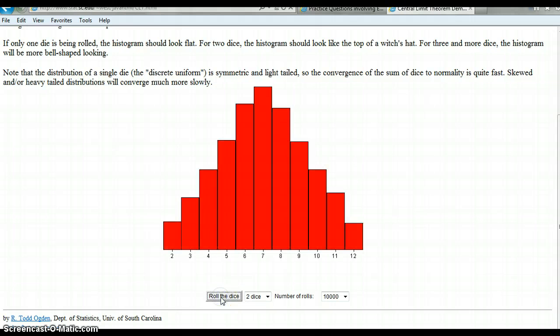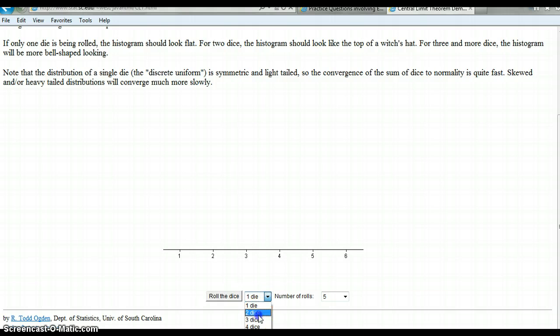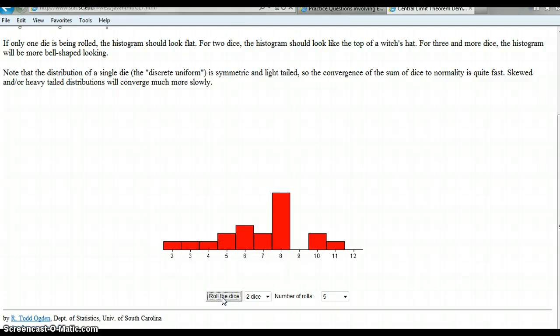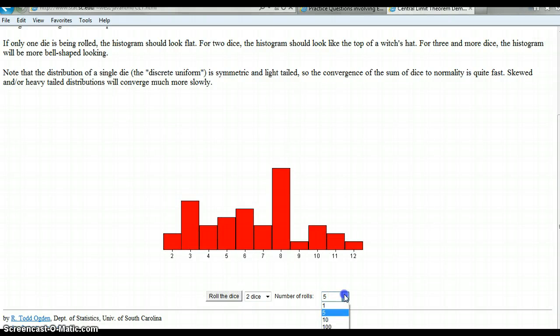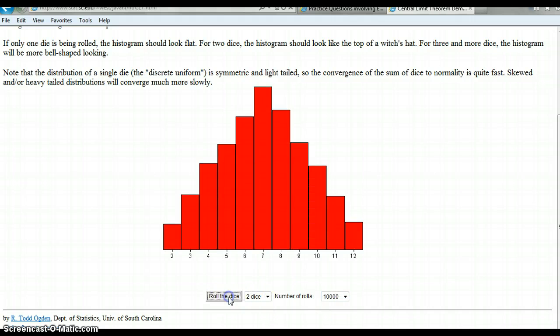I get a triangular distribution. Okay, so we are going to be doing triangular distributions. If I have 2 dice, that doesn't look like a triangular distribution, does it? When you're only throwing 5 dice at a time, it doesn't look triangular at all. But if I do 10,000, triangular. So that's your whole thing.